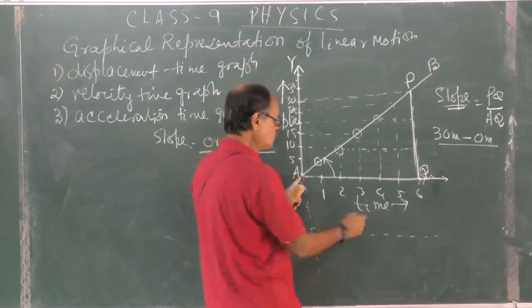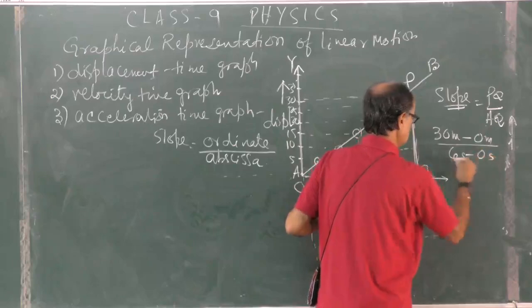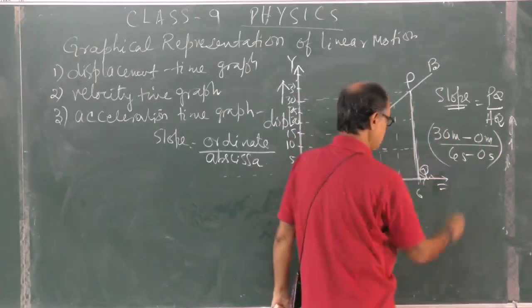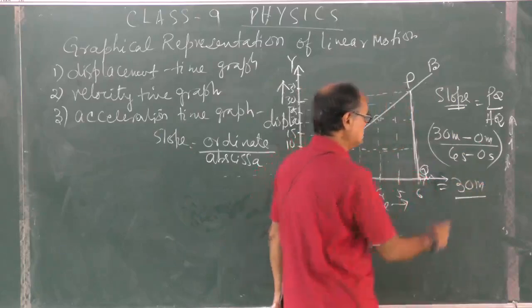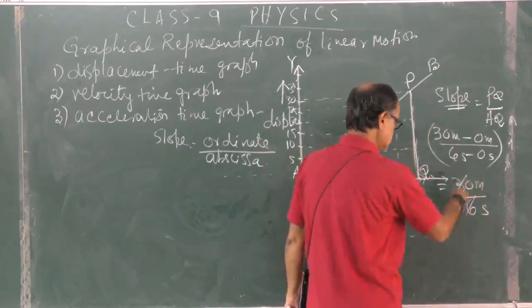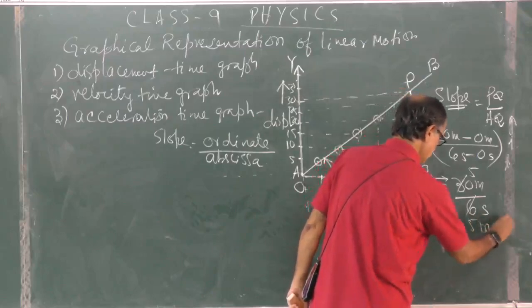From A to Q, the last point is 6 second minus 0 second. This slope is 30 minus 0, that is 30 meter, divided by 6 minus 0, 6 second. Obviously this will give you 5, so this value comes 5 meter per second.